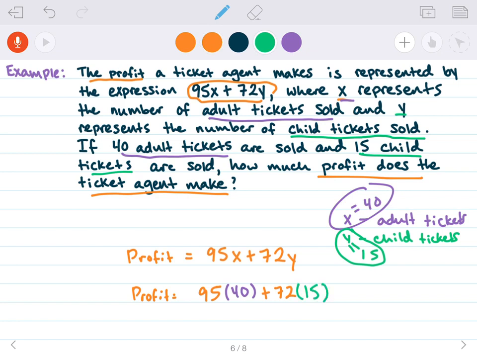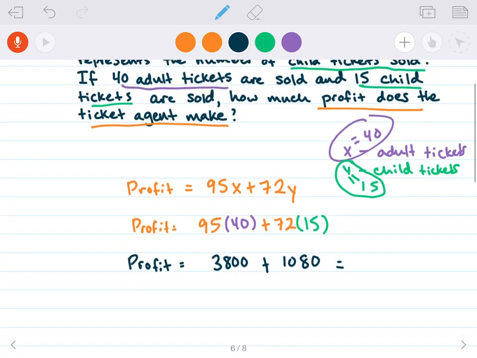Okay, and then I can just multiply these. So 95 times 40 is going to give us 3,800. And then 72 times 15 is 1,080. Okay, so adding these together, I get my profit is 4,880.